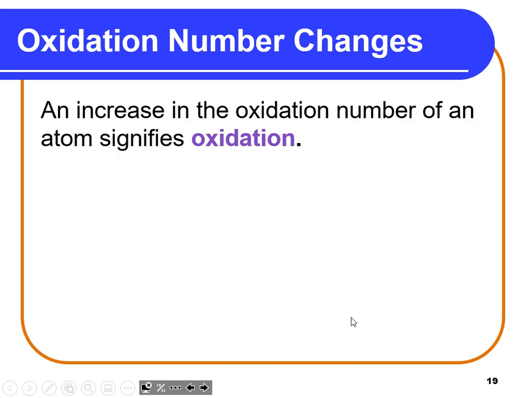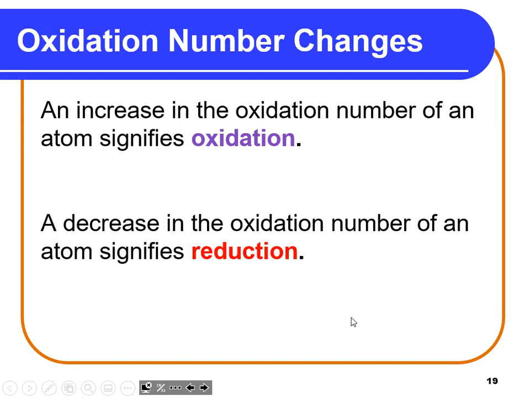A decrease in the oxidation number is going to signify reduction. So if I increase the oxidation number, I am losing electrons. If I decrease the oxidation number, I am gaining electrons.